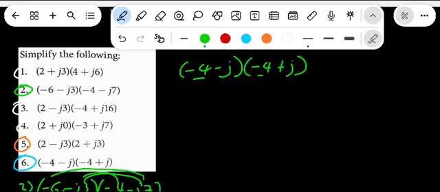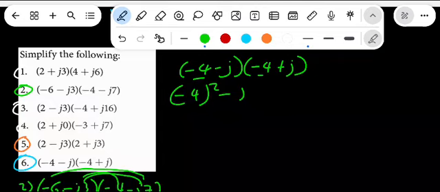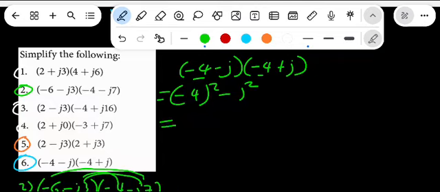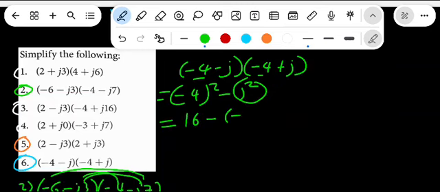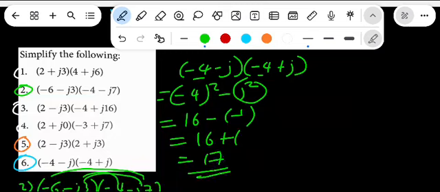So this will be the same as negative 4 squared minus j squared. This will be 16 minus, this is the same as minus 1. This will be 16 plus 1. This will give us 17. That is what we have there.